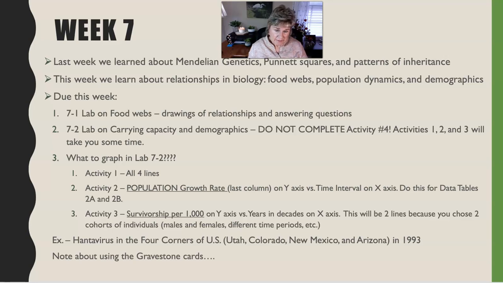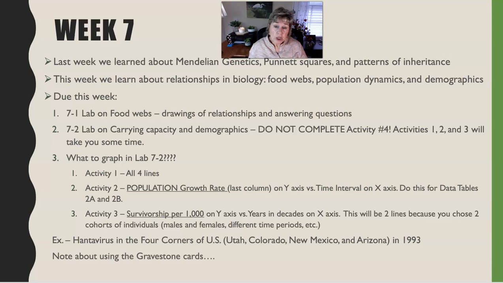Now, here's the thing. In this lab, you're going to be making graphs. Remember how you did that at the very beginning of the term? Yeah. But the question for students always is, what do I graph in this lab? So for activity 1, you're graphing all 4 of the lines. So you should have a graph with 4 lines.